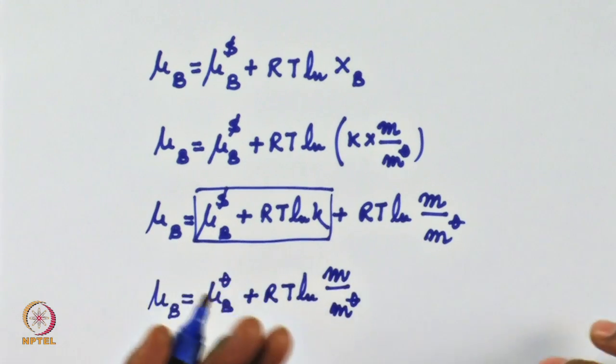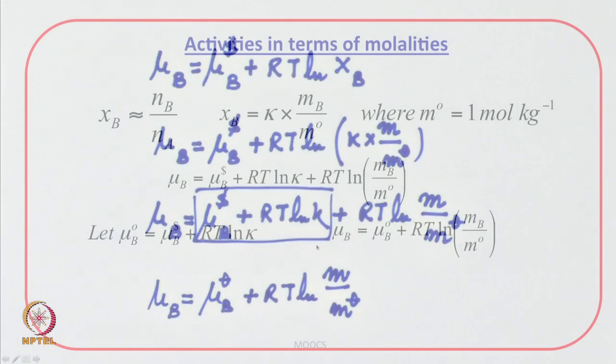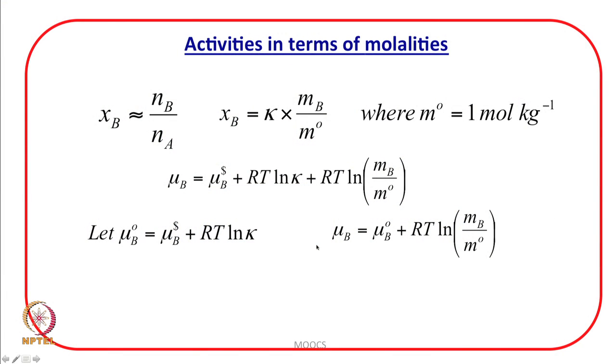When we write m, we generally write the molality, number of moles of solute. So, we are talking about solute. Whether we write m or m B, it is the same thing, and that is what we see in this slide, that the chemical potential for a solute in terms of the molalities is also of a similar form.